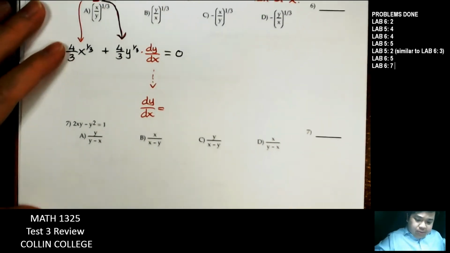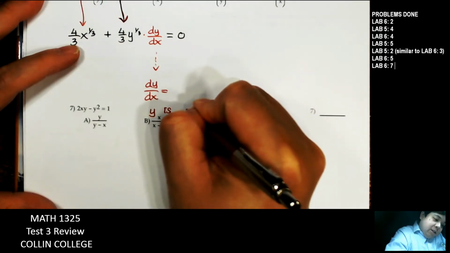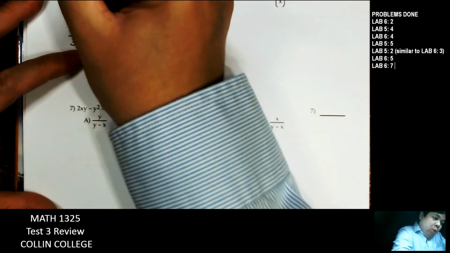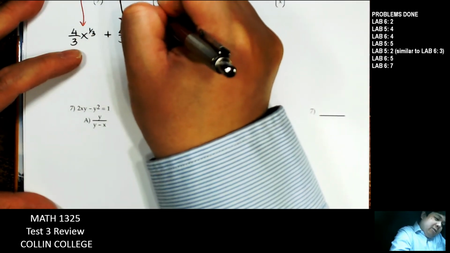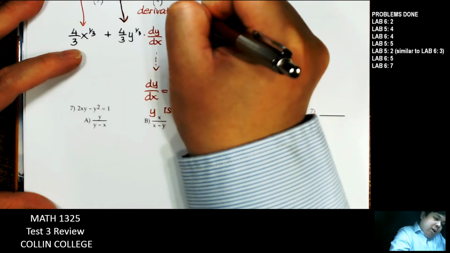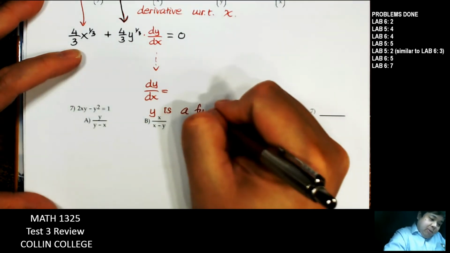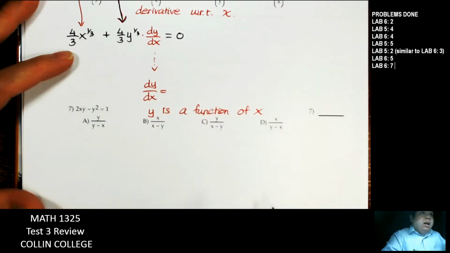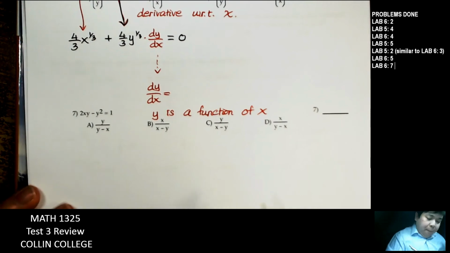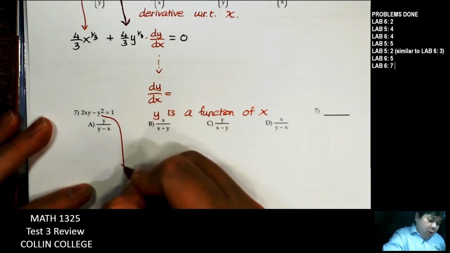Now we do a complete problem. 7 is that. Like I said, I cannot do the whole lab. Still the same thing: y is a function of x. By the way, when we do this, the arrow means we take the derivative with respect to x.